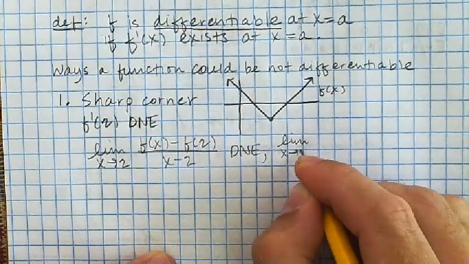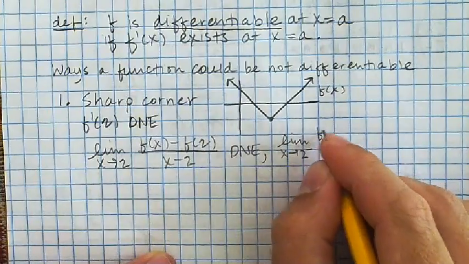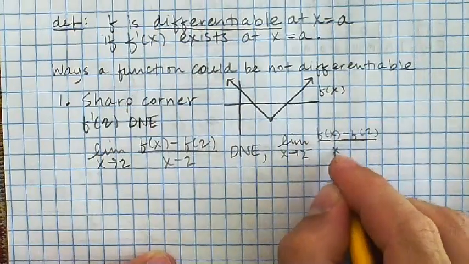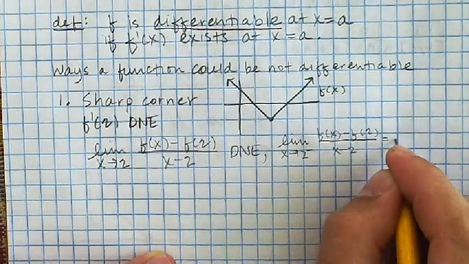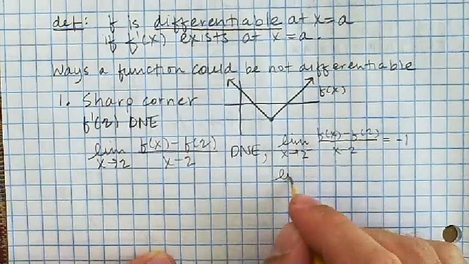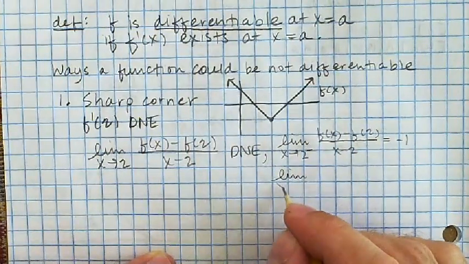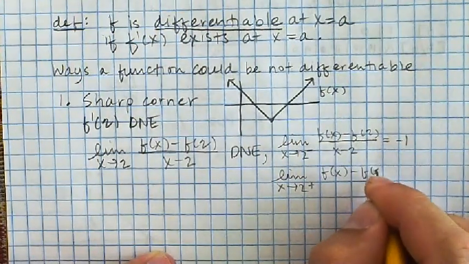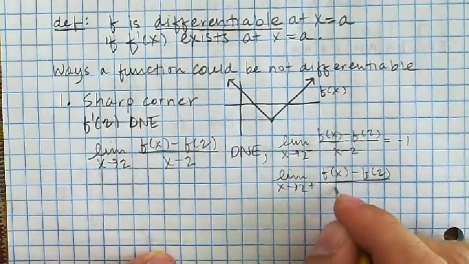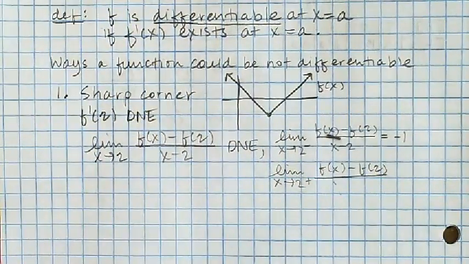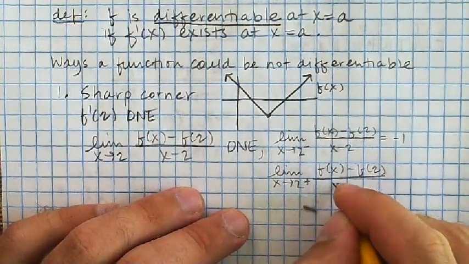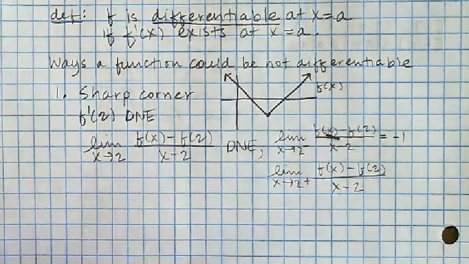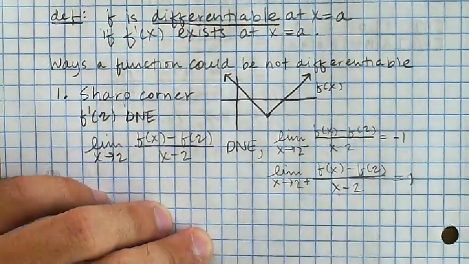The limit as x approaches 2 from the negative side of f of x minus f of 2 over x minus 2 is equal to negative 1, while the limit as x approaches 2 from the positive side of this difference quotient is positive 1.